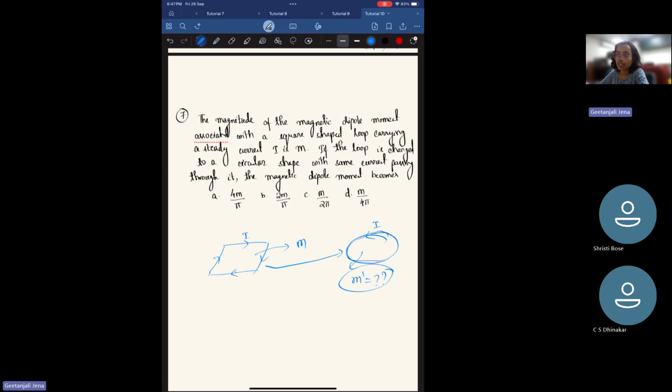There are two formulas that have been given in the class. Recall it and let me know the answer. Current is the same for both cases. In the first case we have magnetic dipole moment M. In the second case we have magnetic dipole moment M prime.